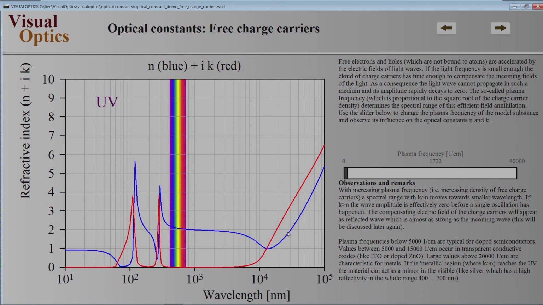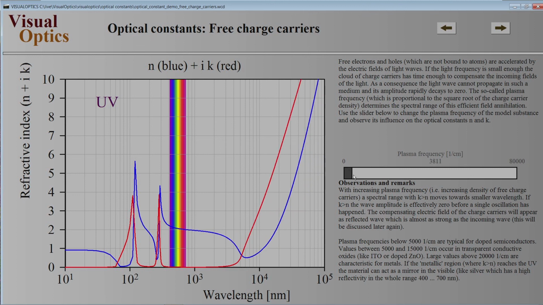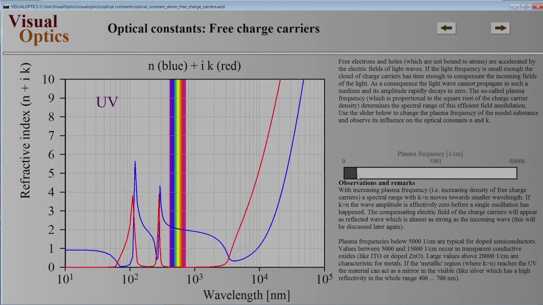Actually, you can see here that we have a transition from this visible and near infrared range, where the real part N is much larger than the imaginary part K, which is almost 0 here. Now if we have charge carriers that can be accelerated by the electric fields of the light waves, we have this transition where K gets larger than N, and this is even enhanced if we go to larger and larger concentrations of the charge carriers.